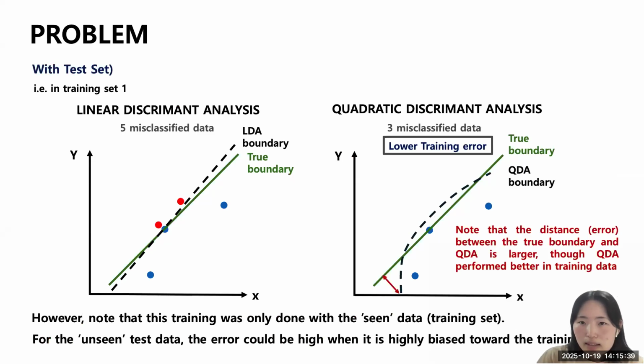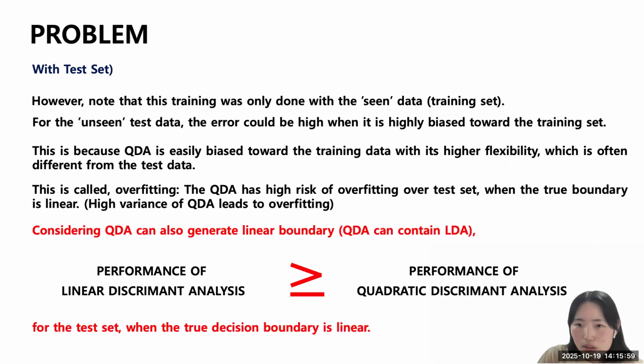And for the test set, although QDA performed better on the training set, it was fitted only to the seen data. For unseen test data, QDA's flexible boundary may deviate more from the true boundary, as shown by this red distance. This is overfitting.